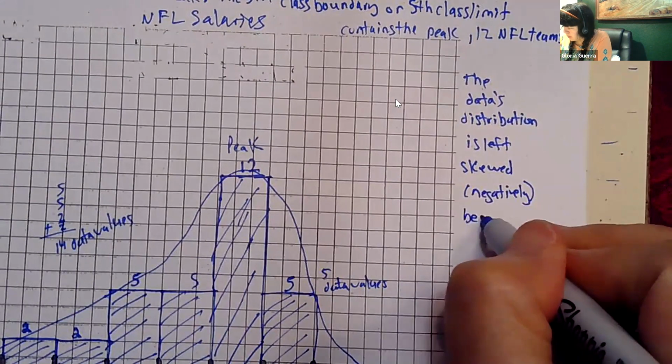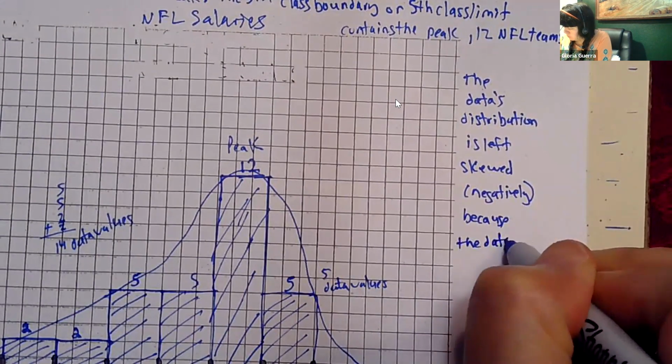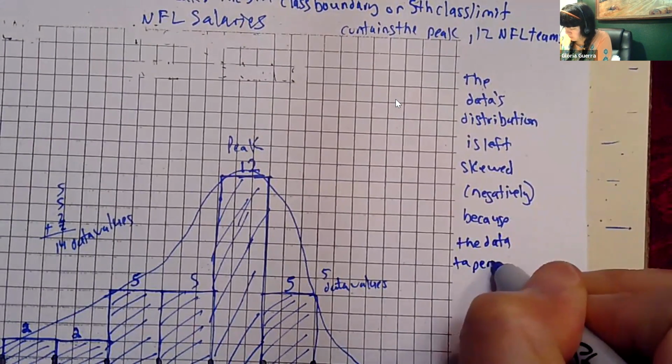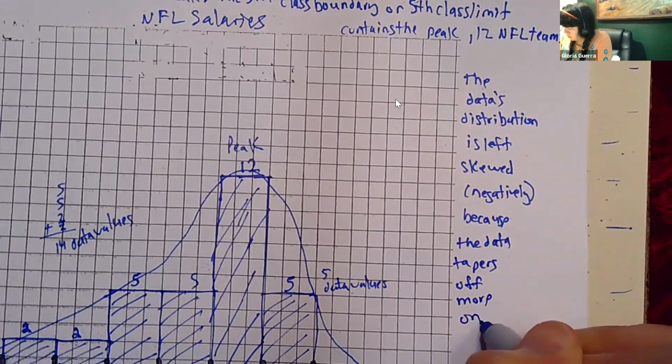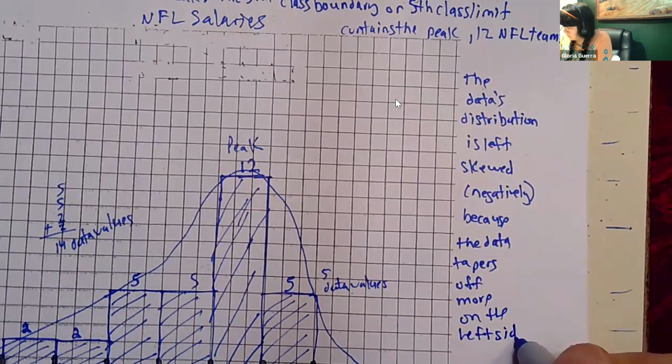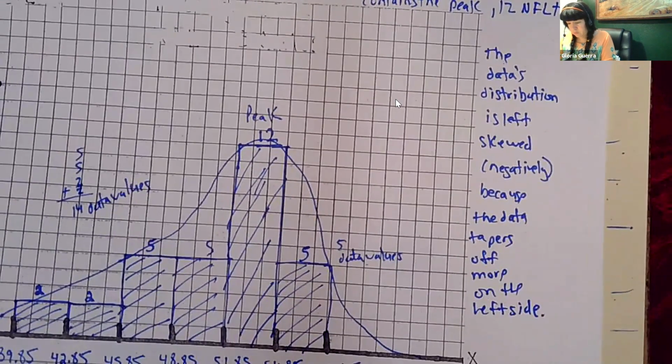And the reason why is because the data tapers off more on the left side. Okay, so that's the idea for the histogram.